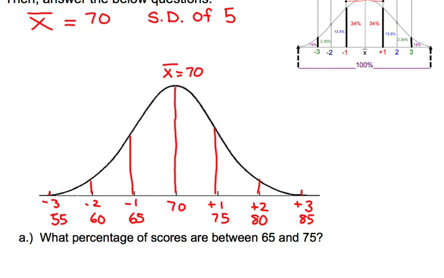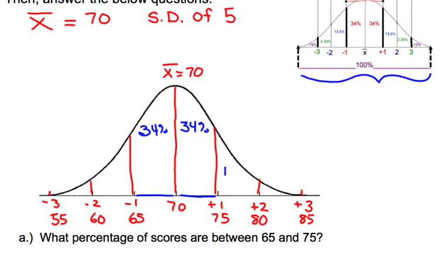Now, we're going to use these percentages up here. If you remember, 34% of the scores are going to fall between that one length of our standard deviation of 34%. Same thing on the left-hand side, 34%. That total, 68% of the scores fall in between standard deviation of negative 1 and 1.